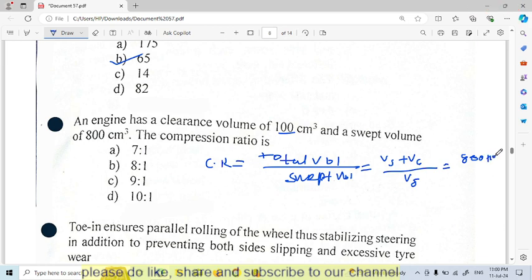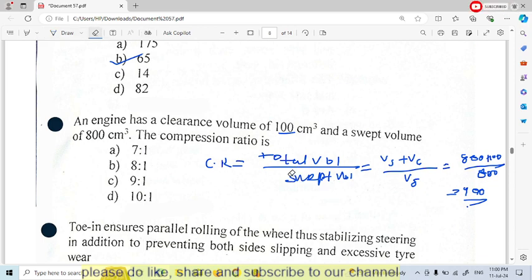That means 800 plus 100 divided by 800, that means 900 divided by... sorry. The compression ratio is given by total volume divided by clearance volume.